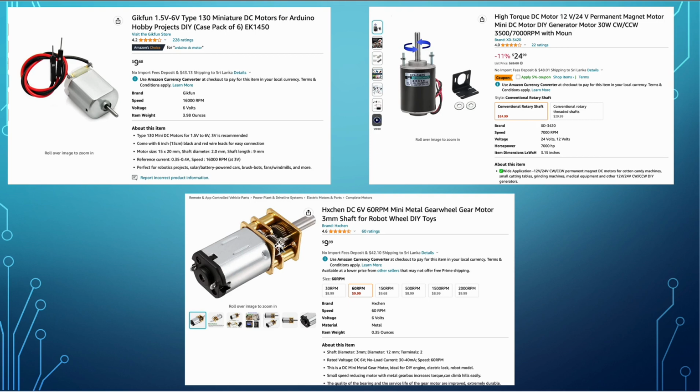If you are going to build an IoT device that is small in size, which needs a motor, these examples are good ones with a lower amount of electricity being used. Here it's a little bit more, these are a little bit less. So these things have to be considered.